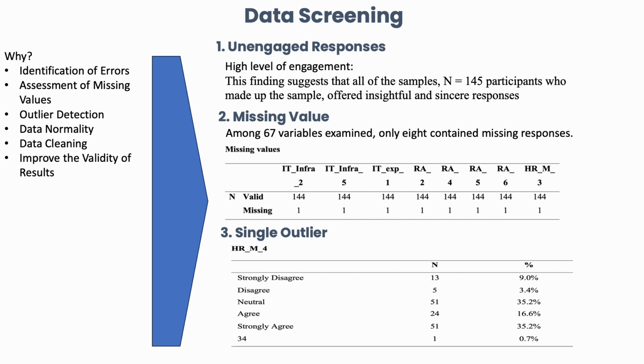An outlier value of 34 was detected in the HRM4 variable. This is significantly outside of the expected range of 1 to 5. This outlier requires careful consideration and examination in the analysis because it deviates significantly from other responses. Now moving on to the next slide.